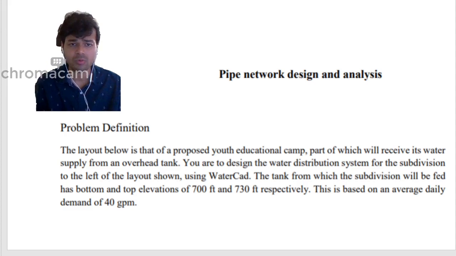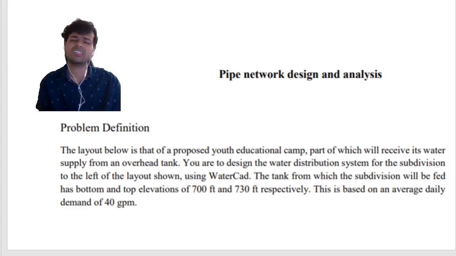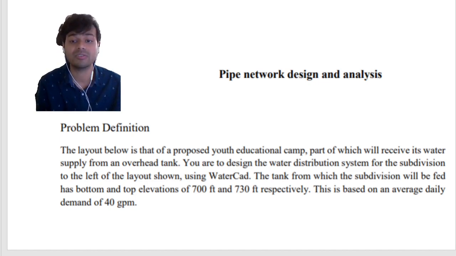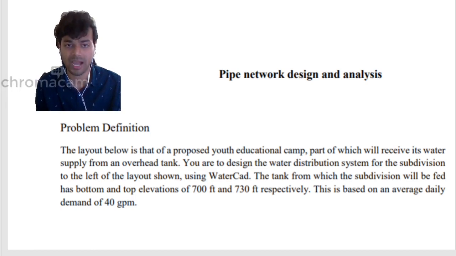WaterCAD is like a combination of AutoCAD and GIS. The basic difference is that in AutoCAD you can only draw, but with this software you can also build the model and run the model, to predict the flow in pipes, what the size of the pipe will be, what the properties of the pipe will be, and what the head loss and flow will be.